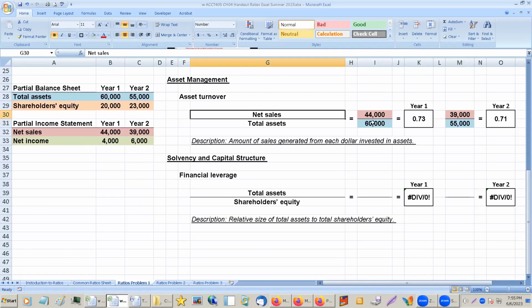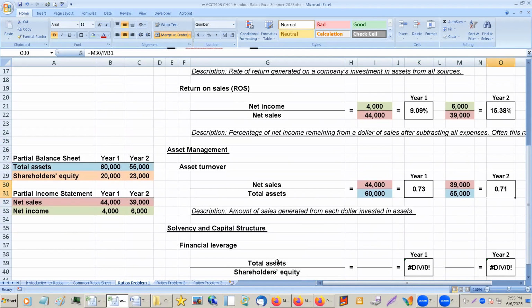So asset turnover, you want this to be high. It went down a little bit, but not too much. And again, if you just looked at one of these, it may not be too meaningful, but if you look at both of them, it's about the same.